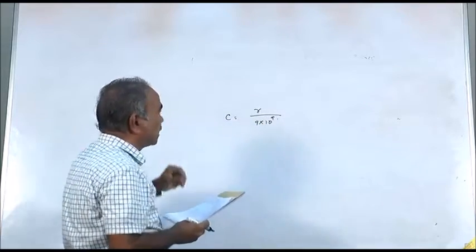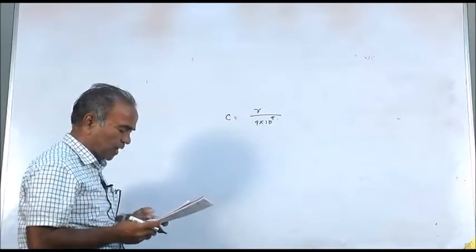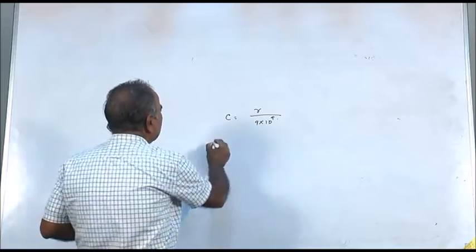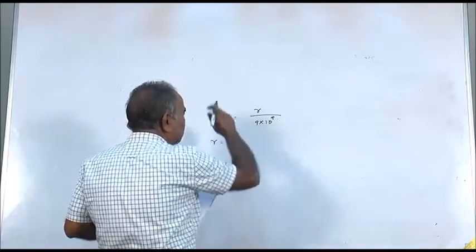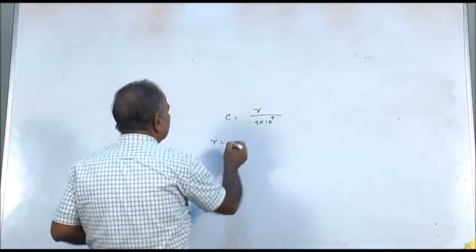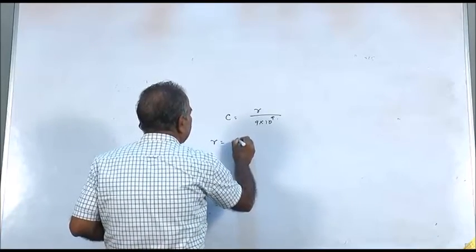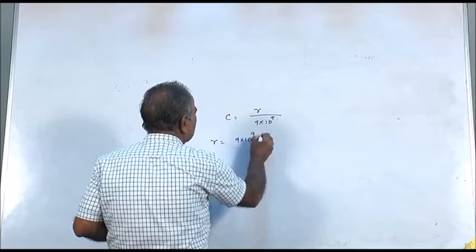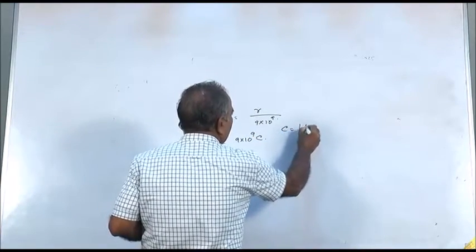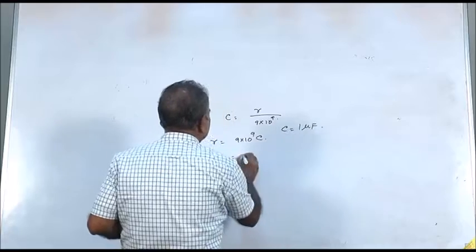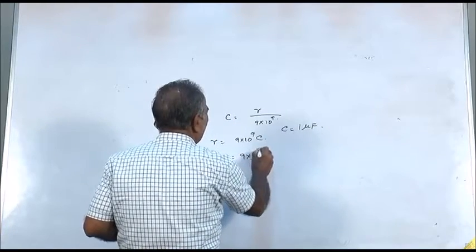To have a capacity of 1 microfarad, the radius of this spherical conductor will be R equal to 9 x 10^9 into C.